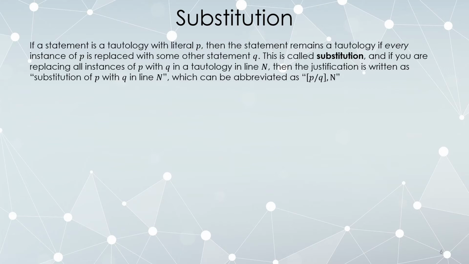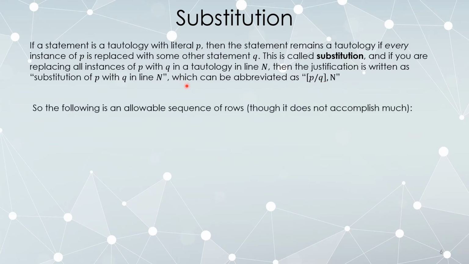Because tautologies are always true regardless of their component pieces being true or false, if you completely replace all of the P's with something else, this is called substitution. Okay, the notation is a little tricky to get a handle on at first, but it's just this square bracket referring to a line number. And this can be interpreted as, in line number n, I'm replacing all instances of P with Q.